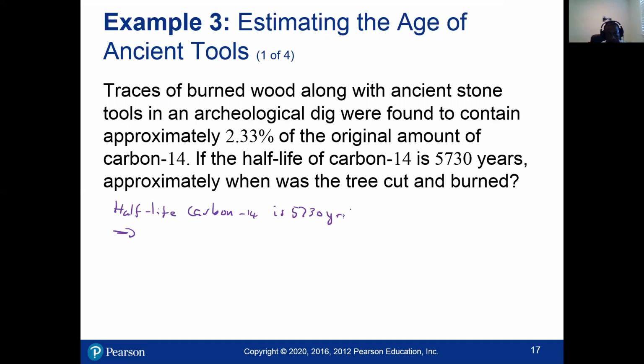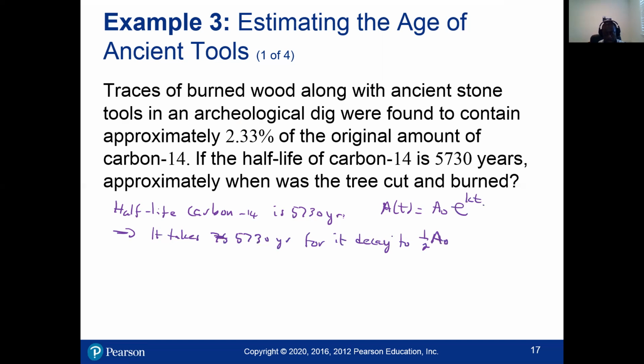All right. What it means is that, okay, let us know that this is A of t, is equal to A naught e raised to k times t. So that means it takes 5,730 years for it, that's a radioactive substance, to decay to what? 1/2 of the original amount.